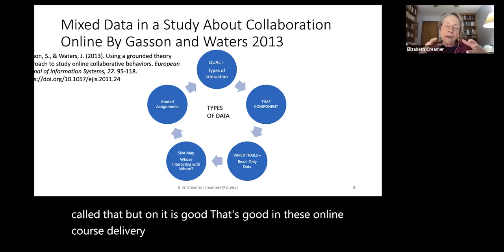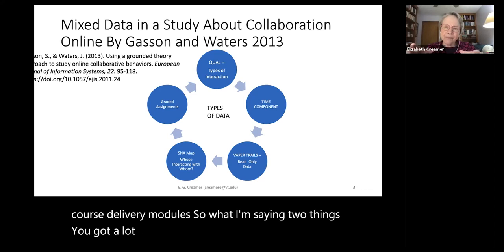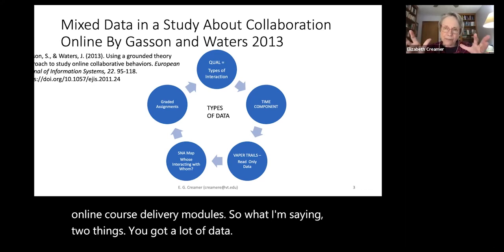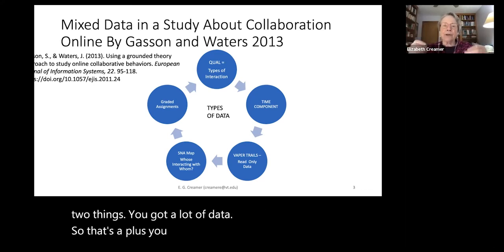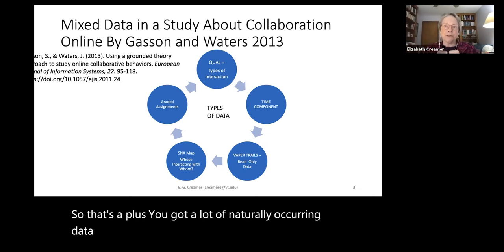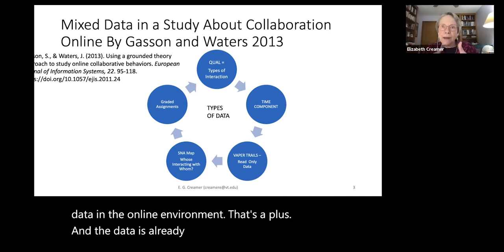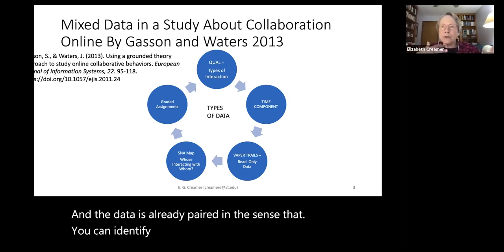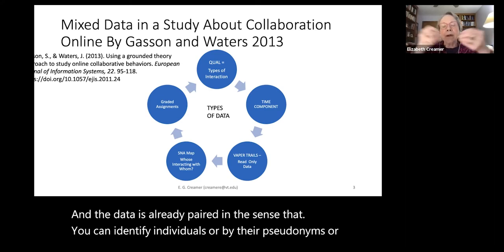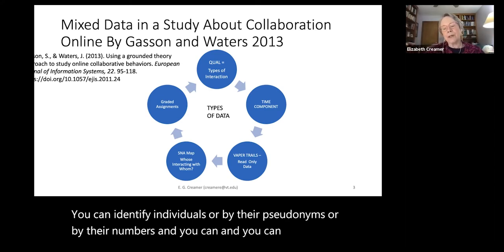So what I'm saying, two things. You got a lot of data. So that's a plus. You got a lot of naturally occurring data in the online environment. That's a plus. And the data is already paired in the sense that you can identify individuals by their pseudonyms or by their numbers, and you can do relationships.